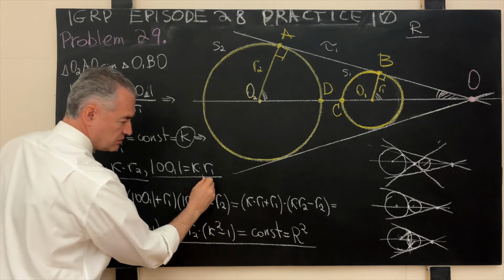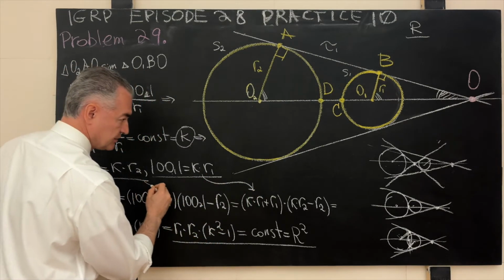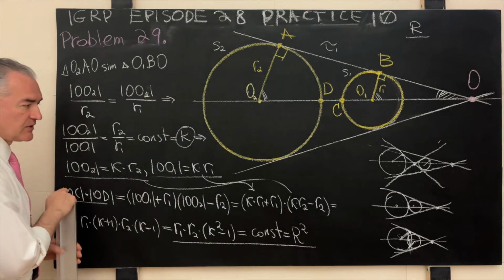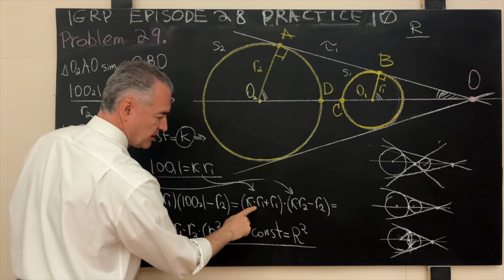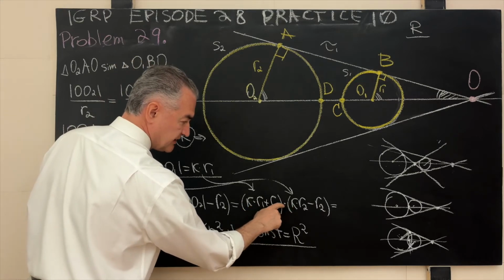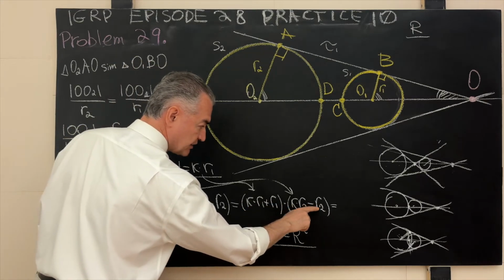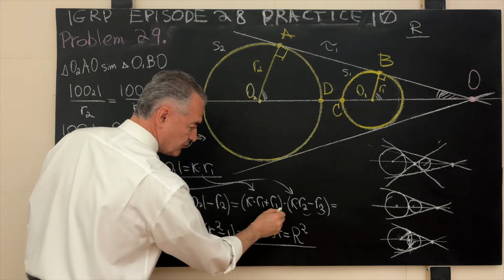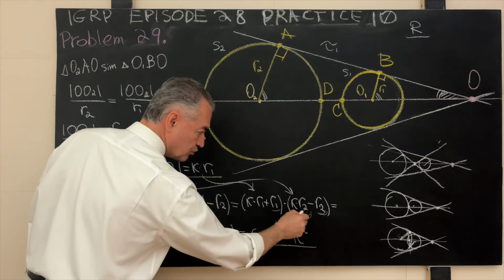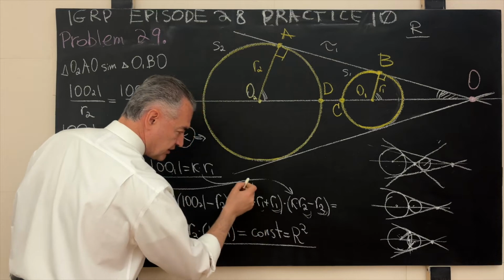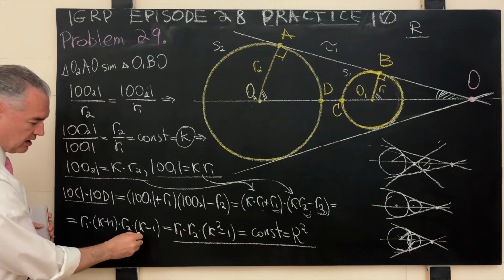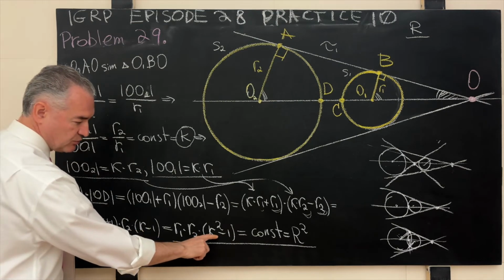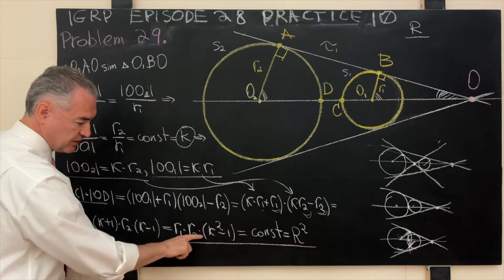With these relations, we take k times R1 plus R1 times k times R2 minus R2, factor out R2 both times and R1 in the other parenthesis. We have k minus 1 times k plus 1 times k minus 1. This is the difference of squares, k squared minus 1 times the product.